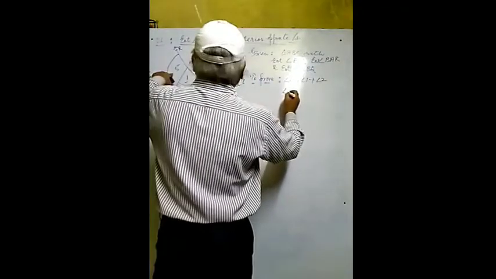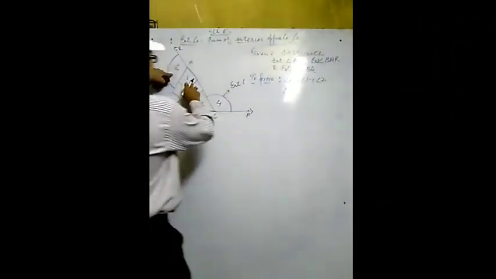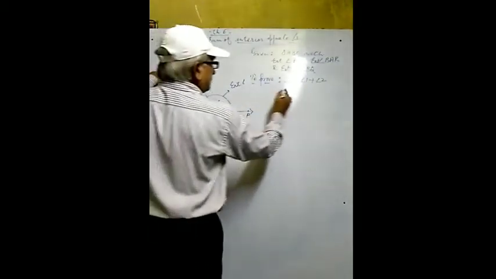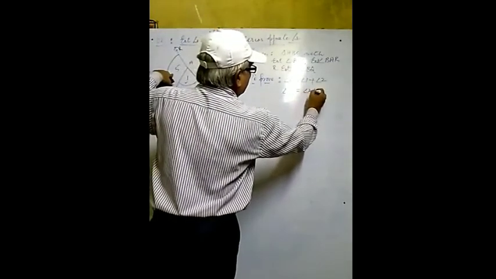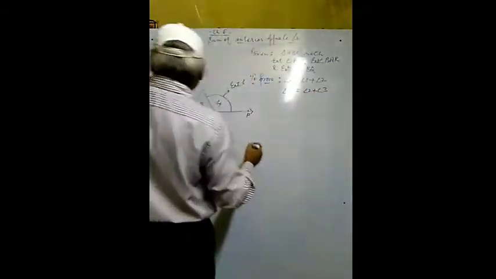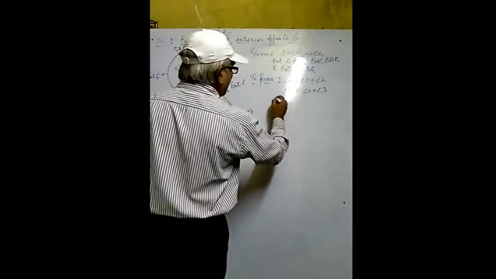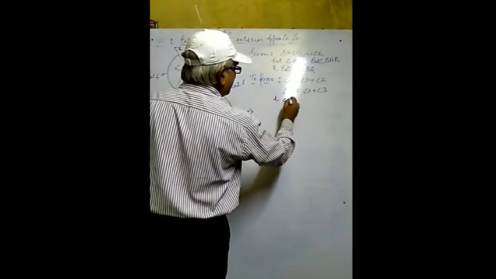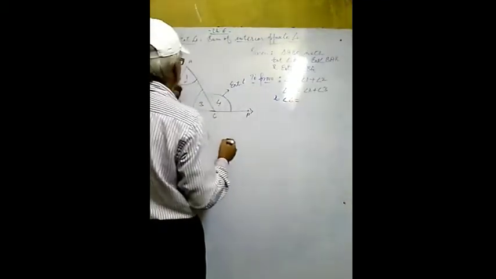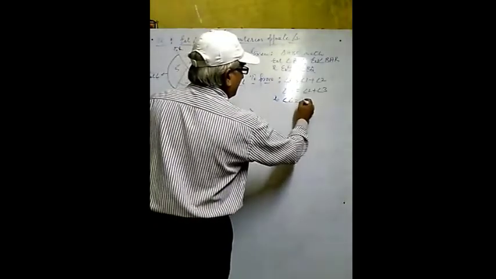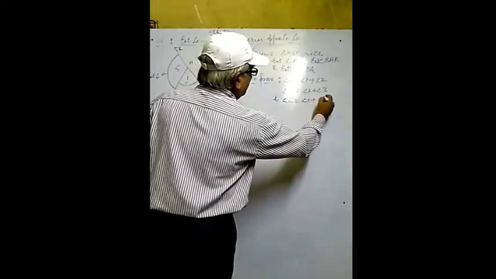Angle 5 equals angle 2 plus angle 3, since this angle is left out. And angle 6 equals angle 1 plus angle 3. This is to be proved.